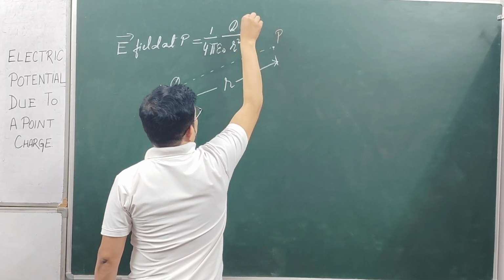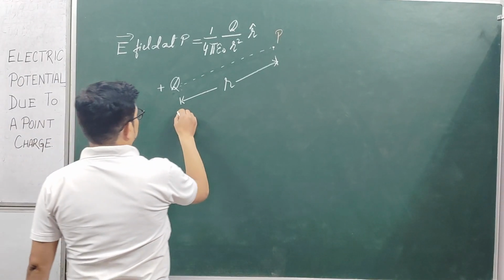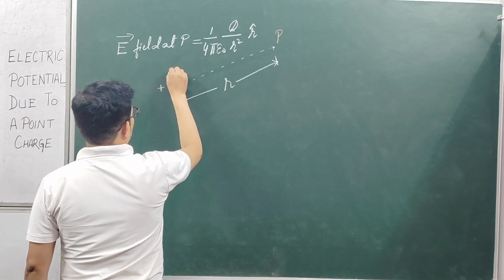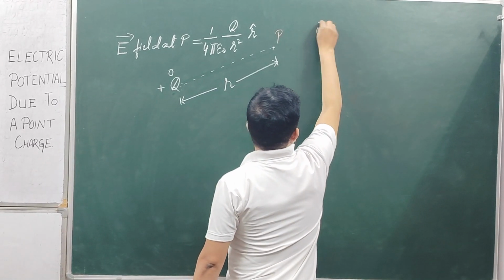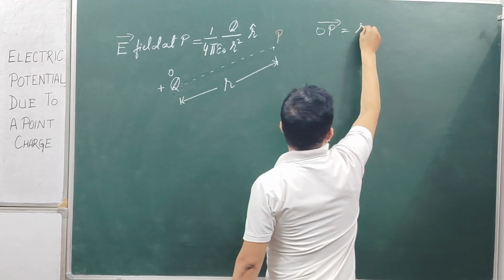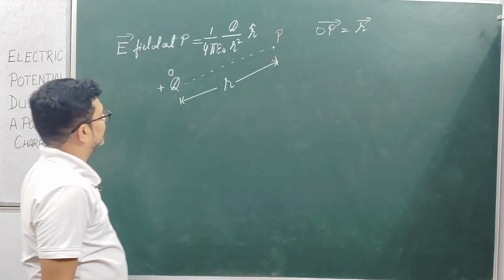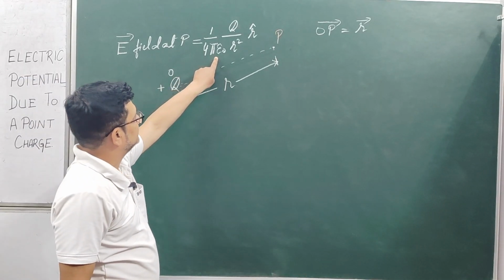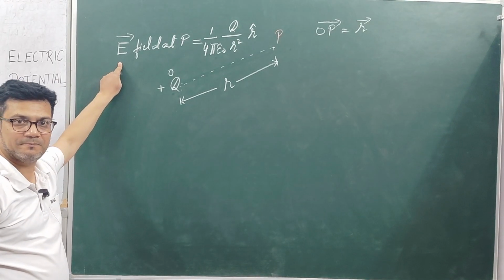And we multiply this with a unit vector r hat. So if you indicate this as point O, so we are saying that this OP vector is r vector, and the unit vector along it is r unit vector. So we have multiplied this magnitude with the unit vector to get E field at point P.